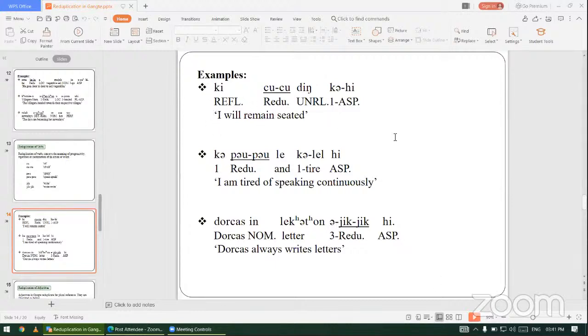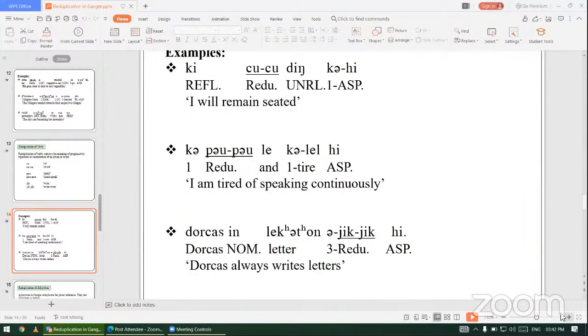REFL? Yes, it's a reflexive. So, can you explain why a reflexive is there? I am trying to figure out the occurrence of the reflexive.